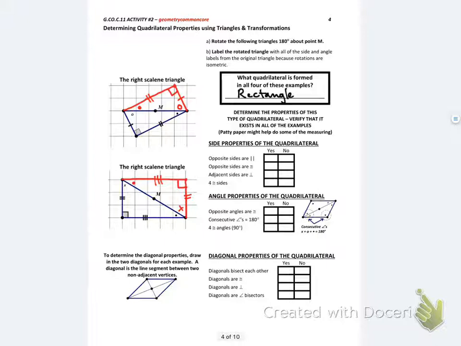Yes, they are. Now it's really easy to see in this bottom one because the 2 sides are perfectly horizontal and perfectly vertical. But remember, and you do need to remember this idea, the slopes have to be the same. So if we look at the first one, the slope on the top is what?